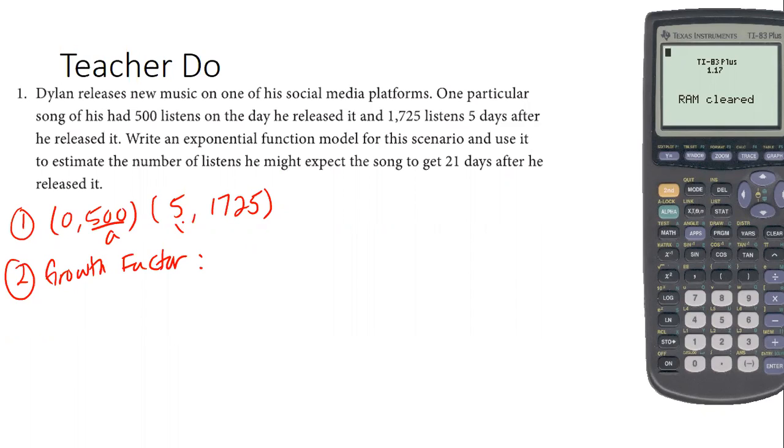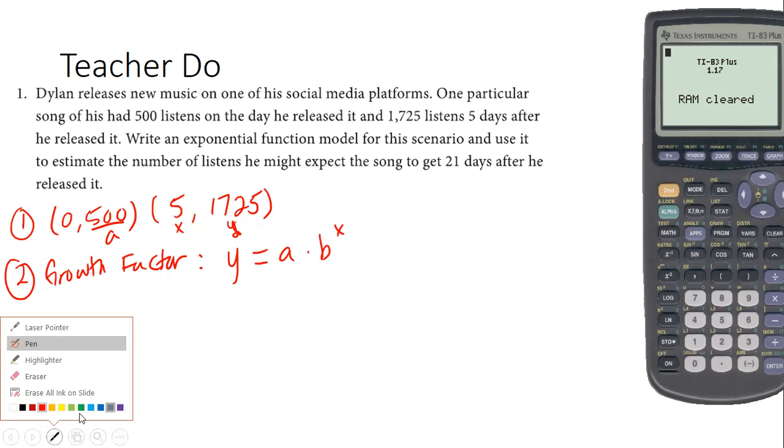And then we're going to use X and Y from our second point that's given to us, and we're going to substitute these into Y equals A times B to the X. So I'm going to substitute in A for A, Y for Y, X for X. Cool? All right, so substituting in, here we go.